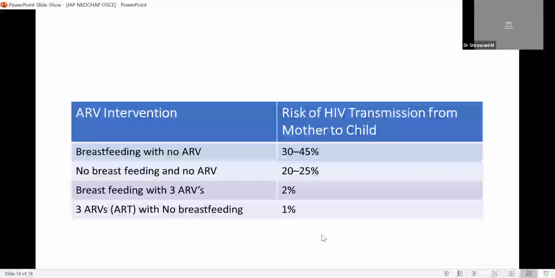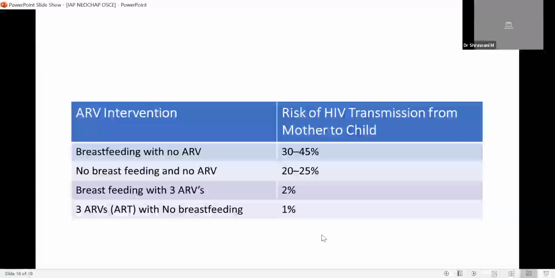For low risk infants, we usually start with a single drug, whereas with high risk infants, we start dual drugs. So for low risk infants, we'll start nevirapine as a single drug, and for high risk infants, we'll start nevirapine and zidovudine. Nevirapine will continue till 6 weeks of age for low risk infants.